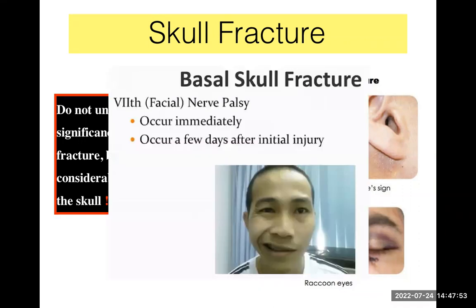Another thing is that in basal skull fracture, it is rather common to have a facial nerve palsy that may occur immediately or a few days after the initial injury. So if we have this kind of patient, we must also refer to our ENT colleague as well.